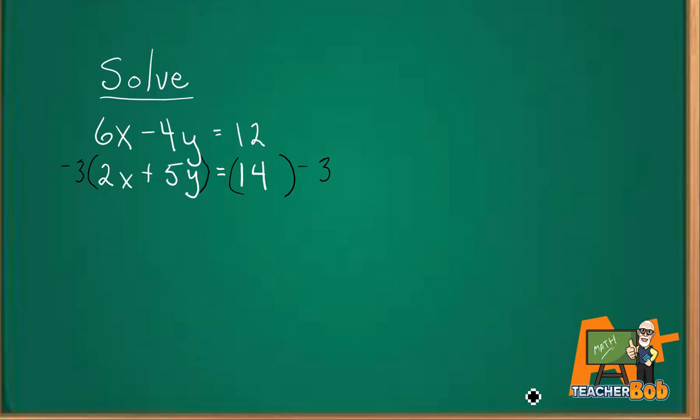So let's rewrite these. So the first equation is going to stay the same. So 6x minus 4y is equal to 12. Sometimes you have to change both equations. Just find the most simple way to make an opposite term.